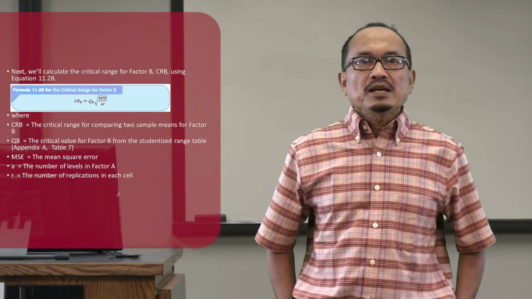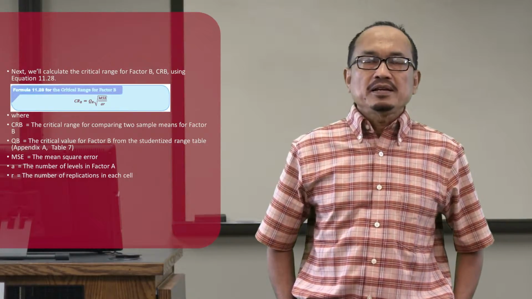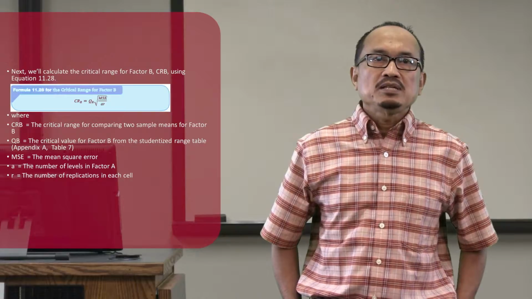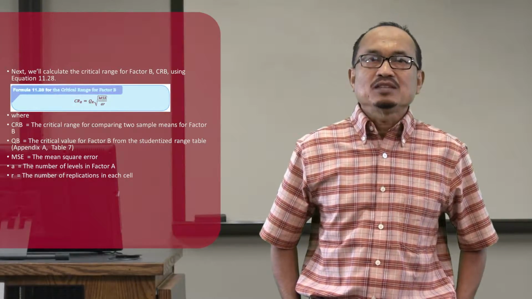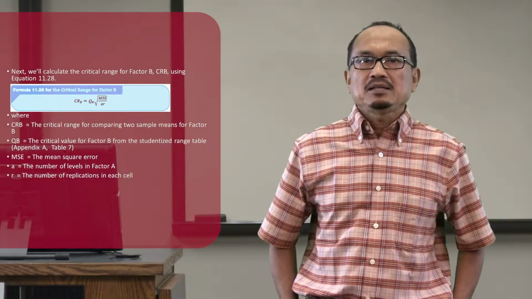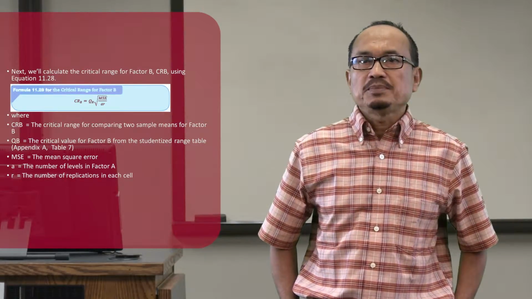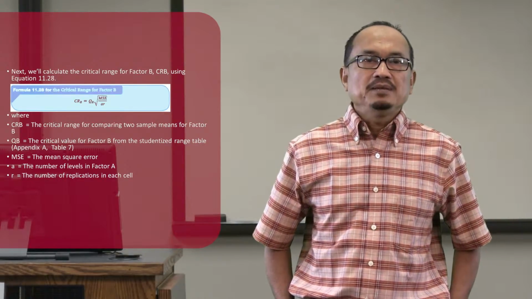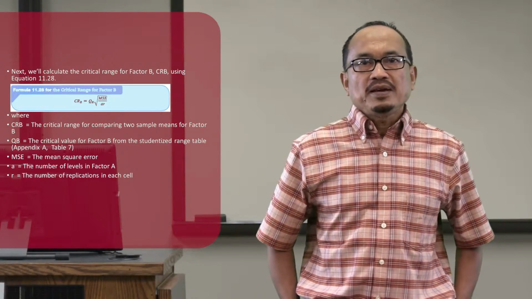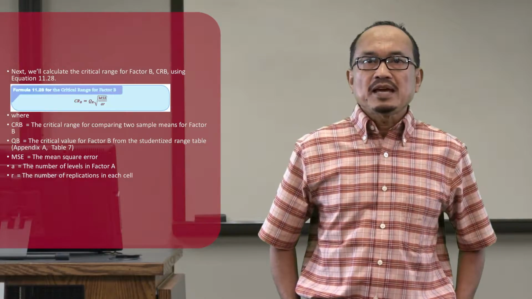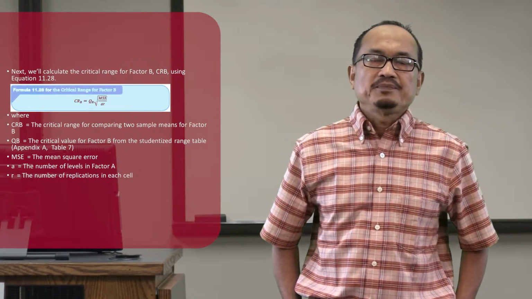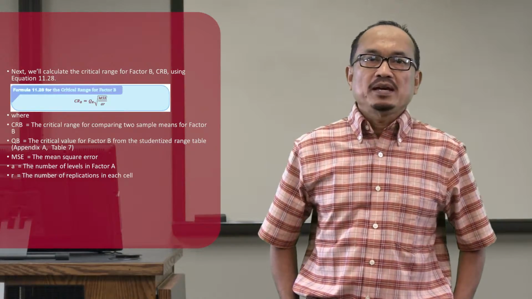Next, we will calculate the critical range for factor B, or CRB, using equation 11.28, where CRB is the critical range for comparing two sample means for factor B. QB is the critical value for factor B from the studentized range table, Appendix A, Table 7. MSE is the mean square error.